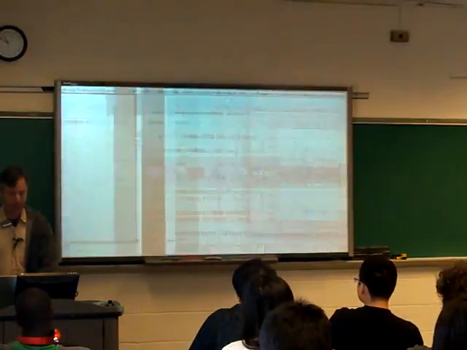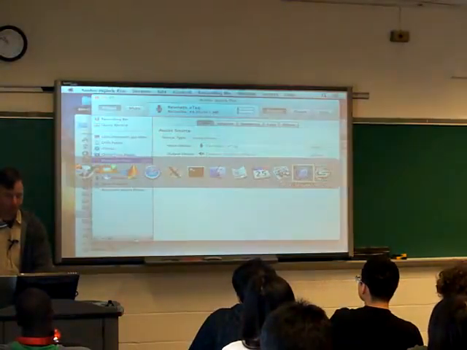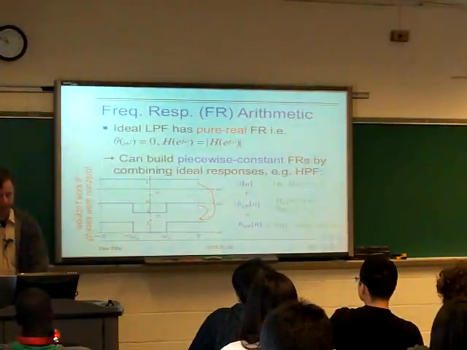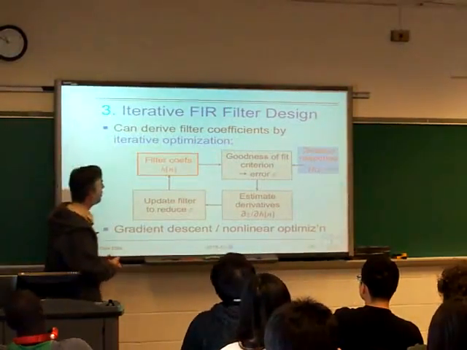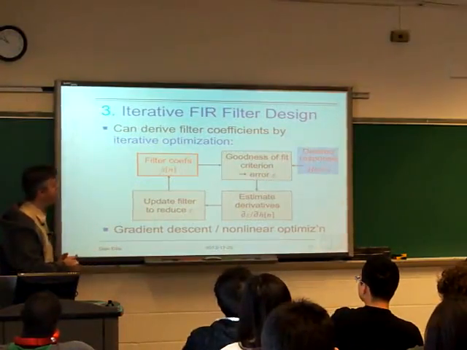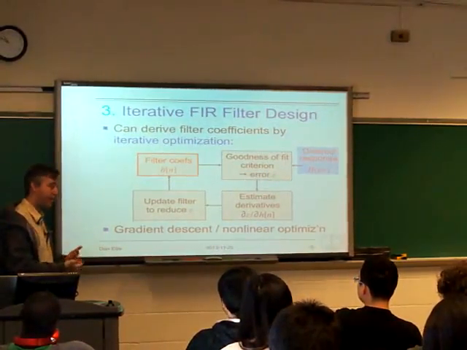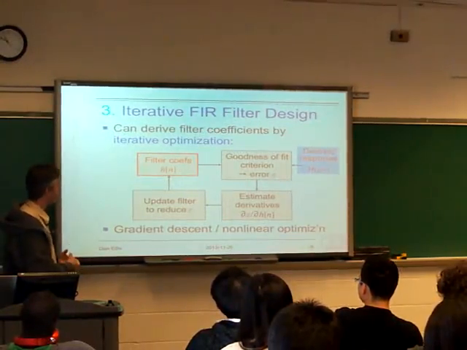Thinking like engineers, we'd like to find the actual true best filter. And how can we do that? So here's the actual way we design FIR filters, which is by this basically iterative gradient descent technique.